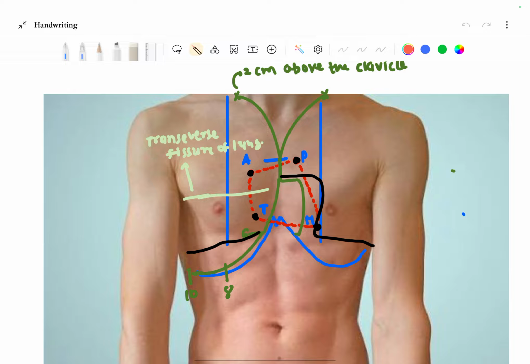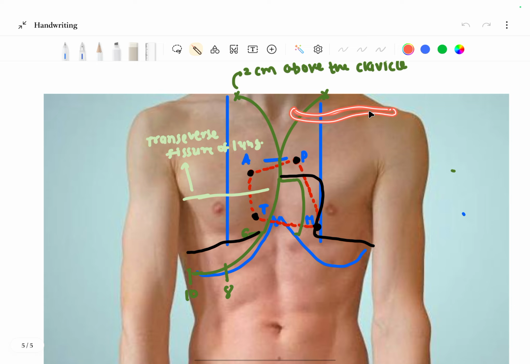Now let us see about the lungs. First of all, the apex of the lung. This is the landmark that you will feel here.